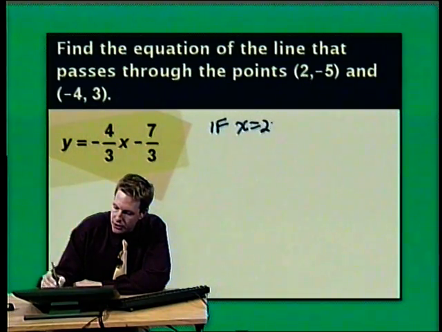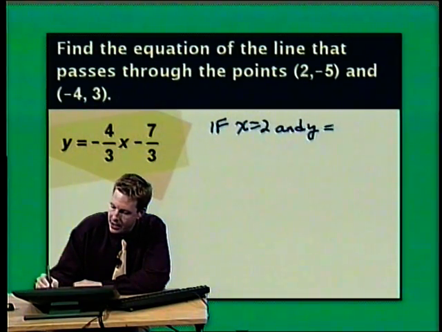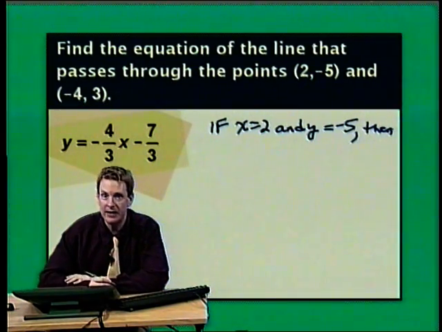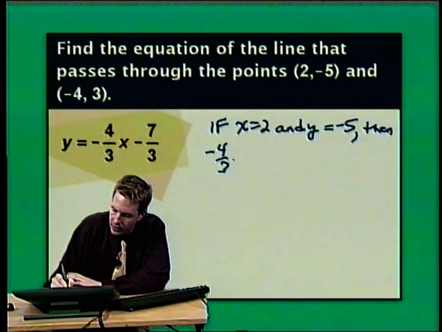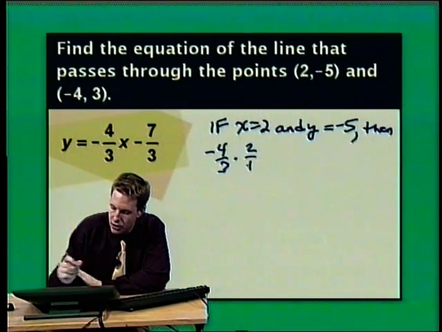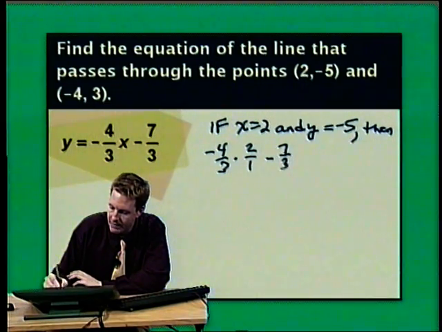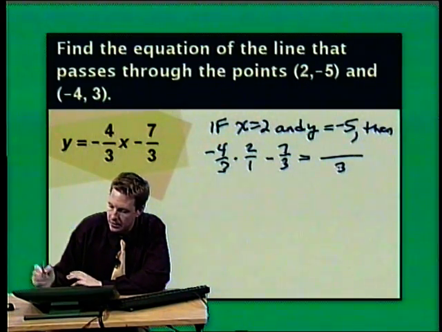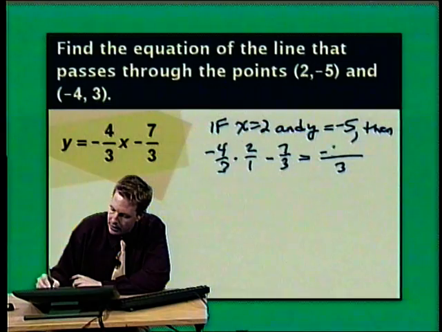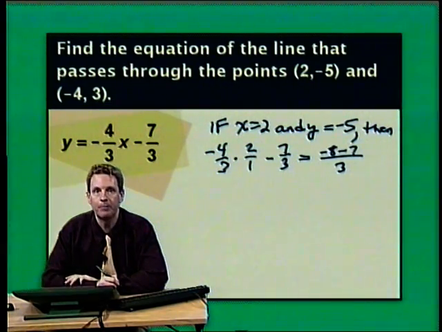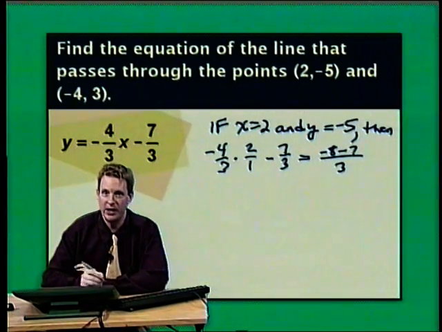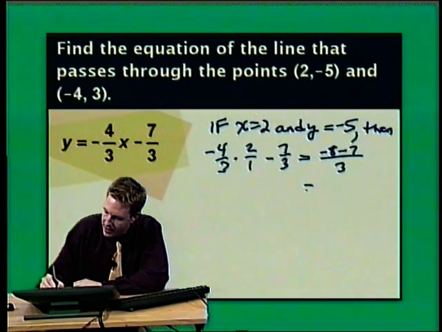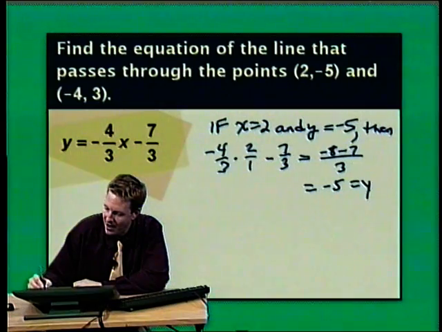If x is 2 and y is -5, then starting with the side of the equation that has some arithmetic involved, we have -4/3 times x, which is 2 over 1, minus 7/3. This is all over 3, -8 minus 7. -8 minus 7 is -15, into which 3 goes -5 times, which is the value of y.